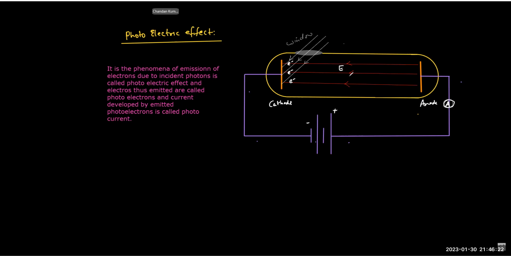So you can say that a photon has emitted the electrons, but it is not found in every case. So every photon is not capable of ejecting electrons. So what is happening here? Why is every photon not capable?